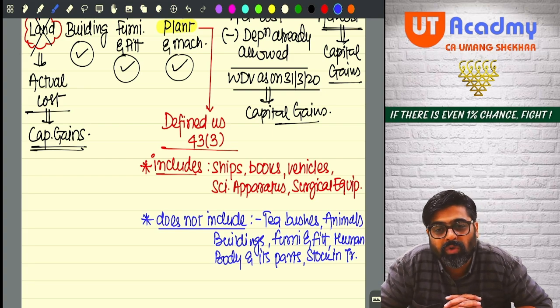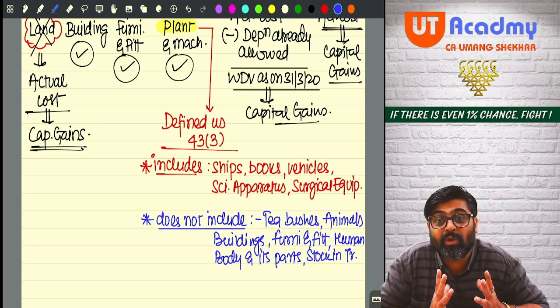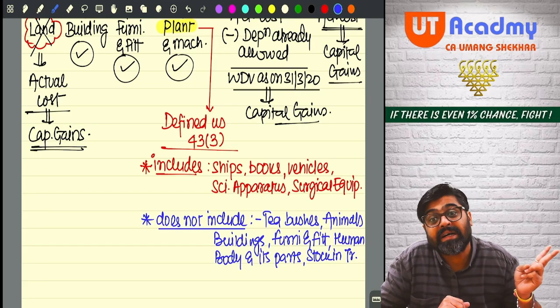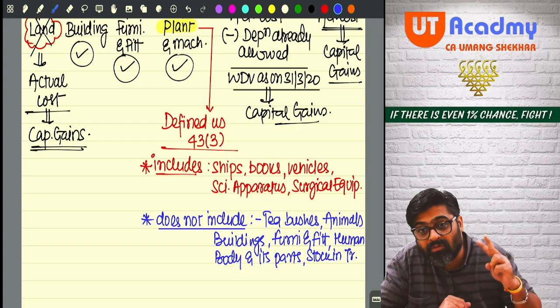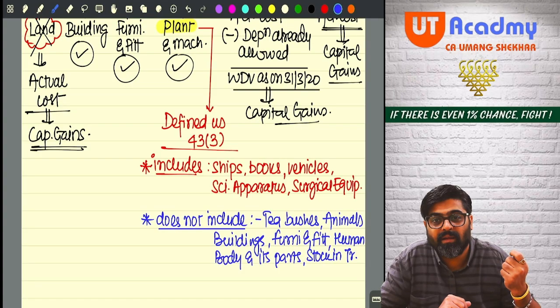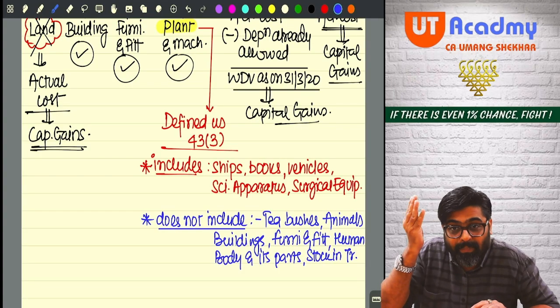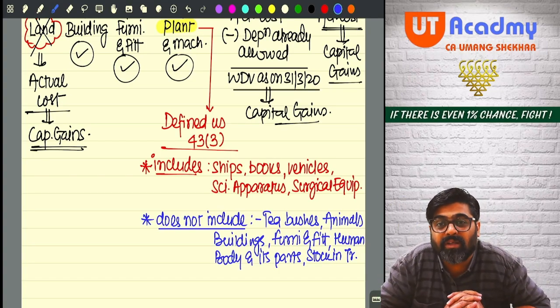Because if you want to consider something as an asset, number one, it should be a non-living thing, without life. Number two, you have acquired it by paying money, and that money which you paid to acquire it, you have capitalized in your balance sheet in the form of an asset.